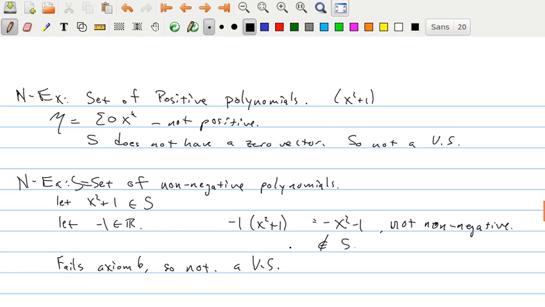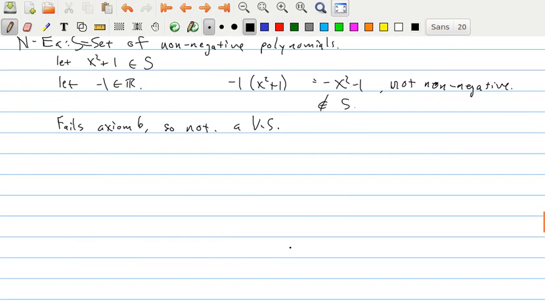Okay, let's maybe look at one more. As another non-example, let's look at S, the set of rational numbers.